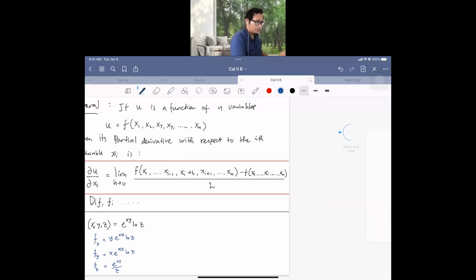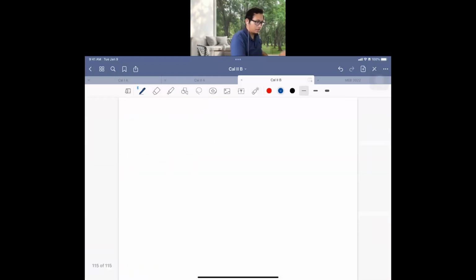Okay, now the next part is the higher derivatives. So if f is a function of 2 variables, let's go back to 2 variables.